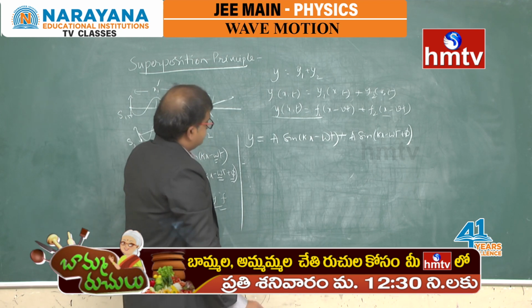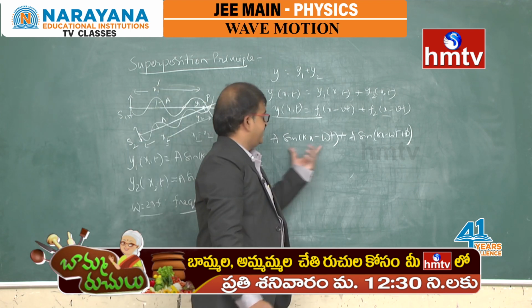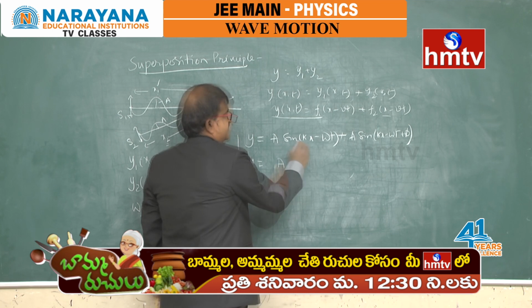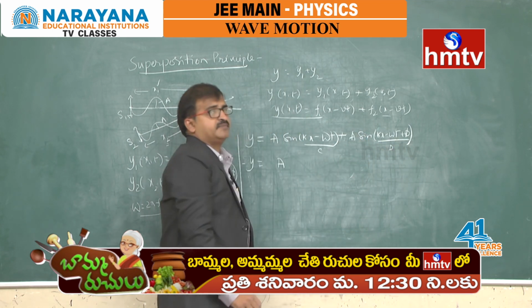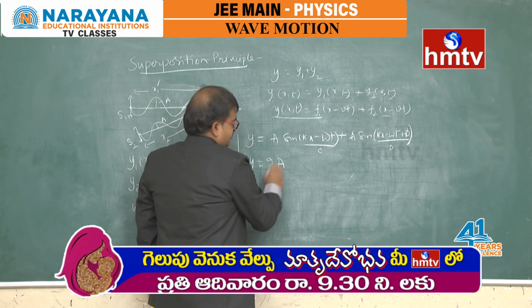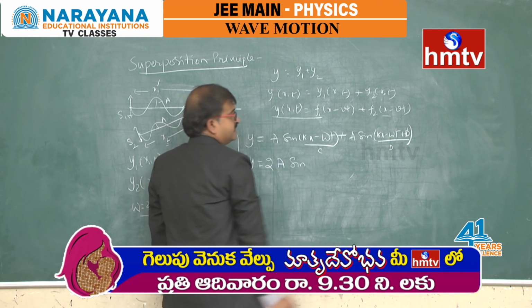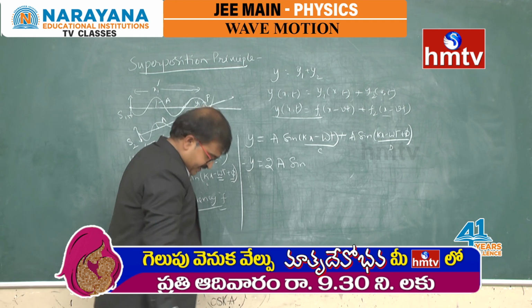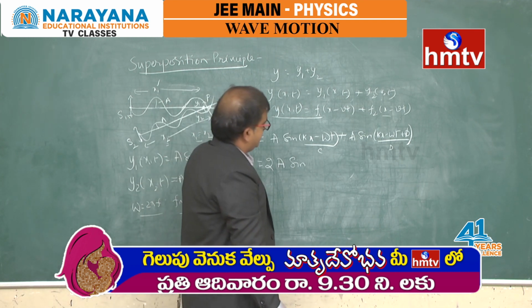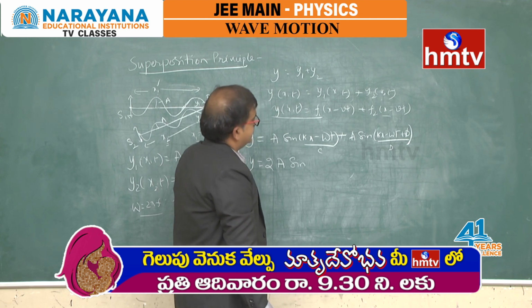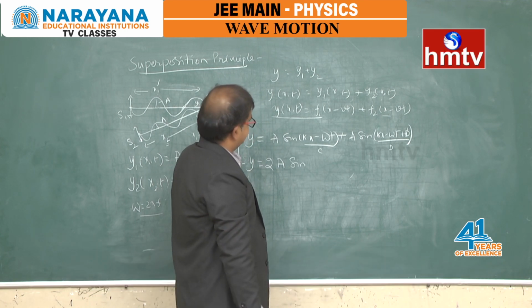So now by taking a common, sin c plus sin d, as you know, is 2 sine of (c plus d)/2 times cos of (c minus d)/2.